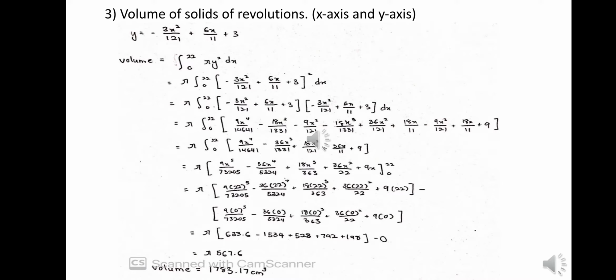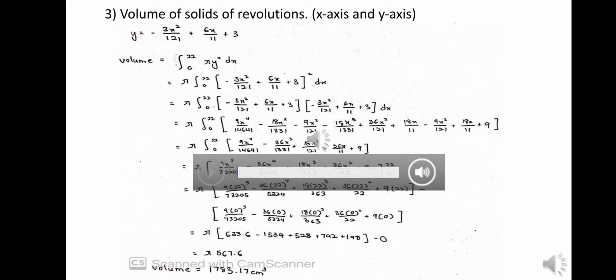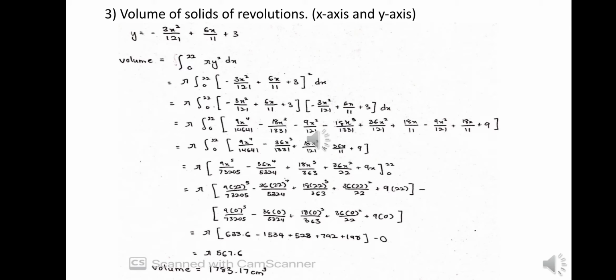To solve our last problem, by using y = -3x²/121 + 6x/11 + 3, when we integrate the formula, we will get pi times 567.6.